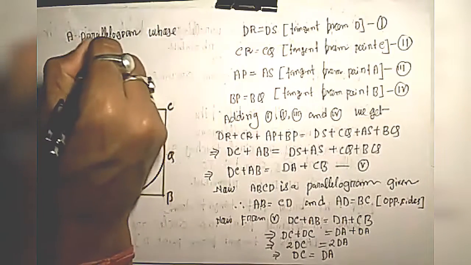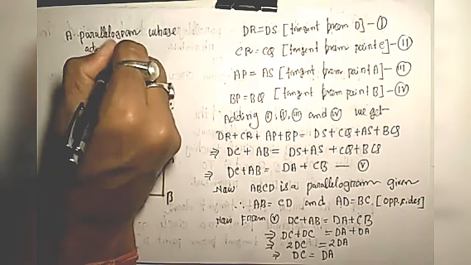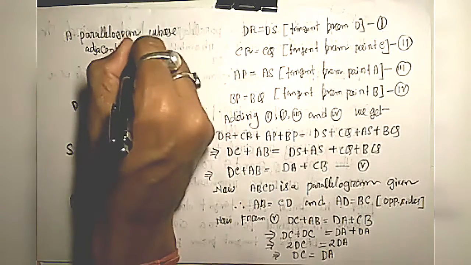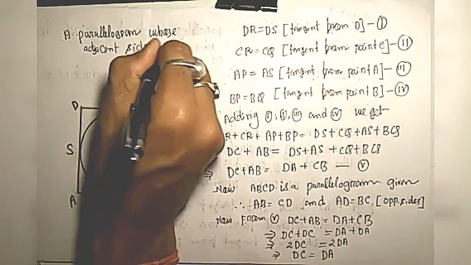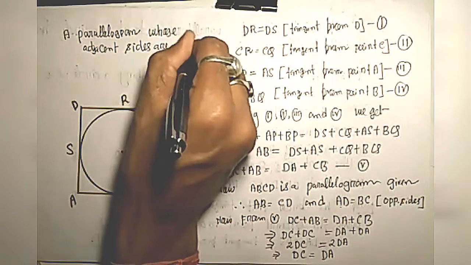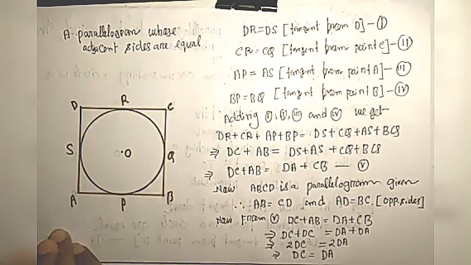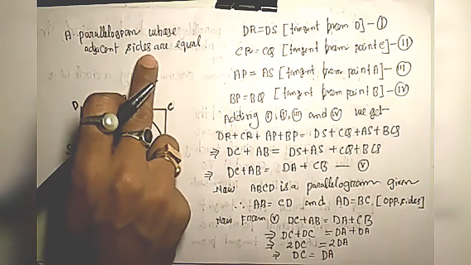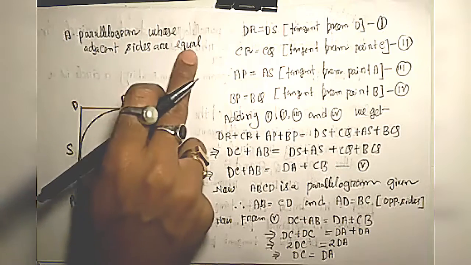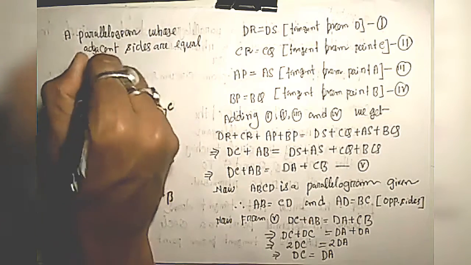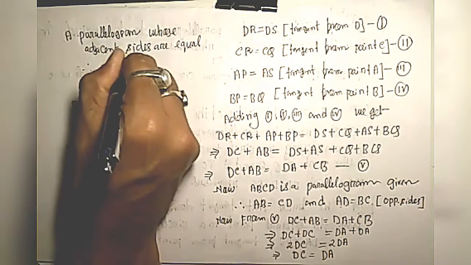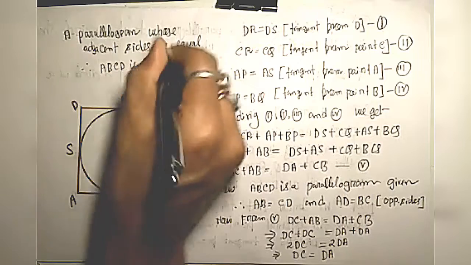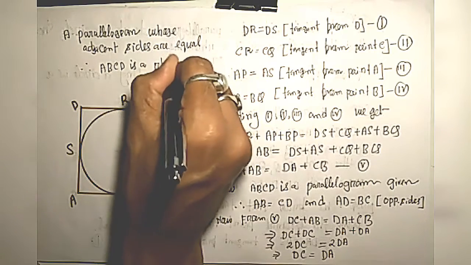So a parallelogram whose adjacent sides are equal must be a rhombus. Therefore, ABCD is a rhombus.